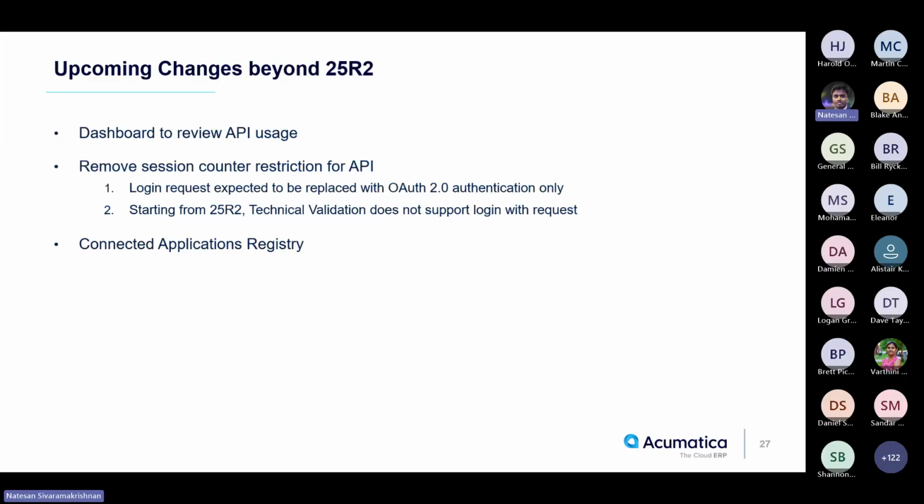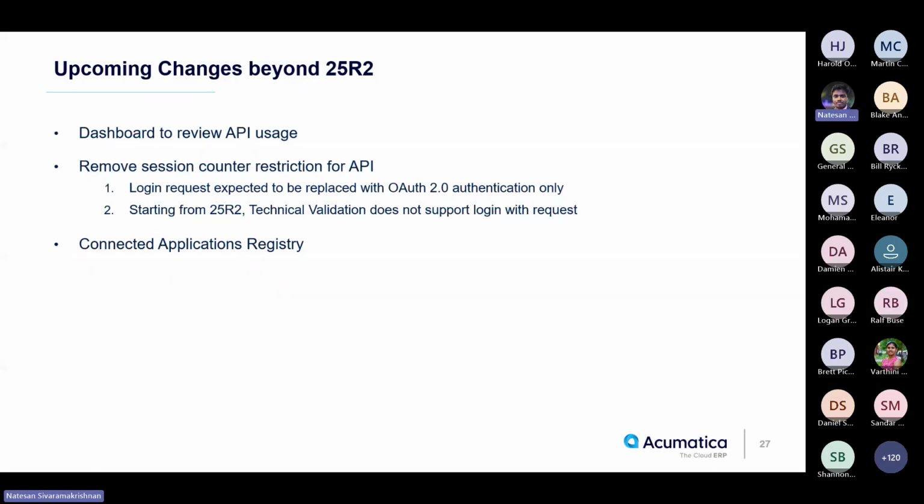And to facilitate that, starting 25R2, the technical validation also is not going to support the basic login requests for the REST API. So ISVs would be recommended and encouraged to use the OAuth authentication method, and also to improve the usage of that.